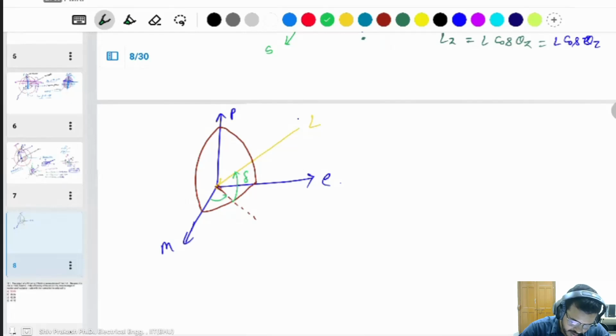And this angle will be what, the hour angle? This angle is the day angle of the year. Same thing, this will be the LE, this will be the LP, this will be the LM. And also L is equal to LP plus LM plus LE.